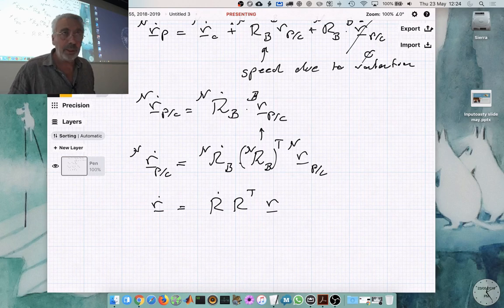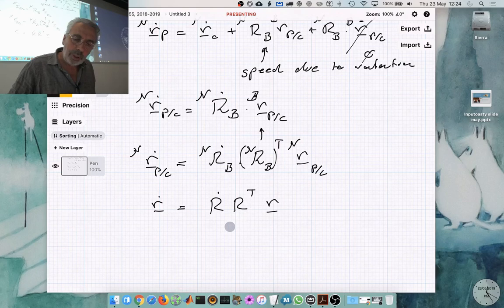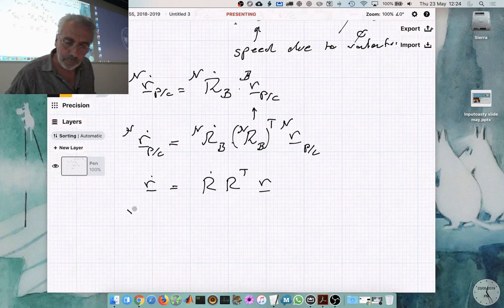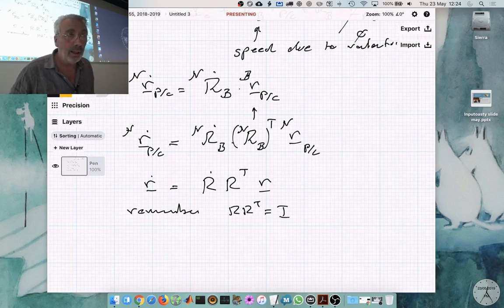So now I have this general vector equation: r dot is capital R dot R transpose times r. But if you look at this matrix, it rings a bell, at least with me, because remember R times R transpose is the identity, right? So how do we get from here to there? Well, if I differentiate this, I get this R dot R transpose. So if I differentiate, I get R dot R transpose, but I get more.